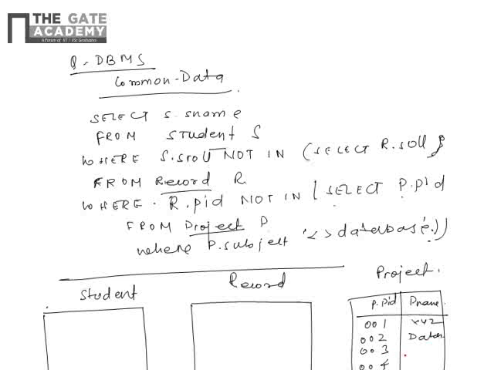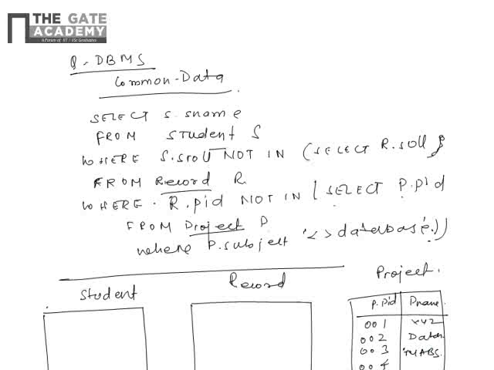Say anything, like multicast authentication, batch signature project, anything you can take. So many projects are there.